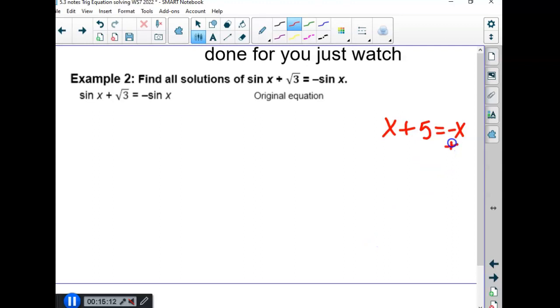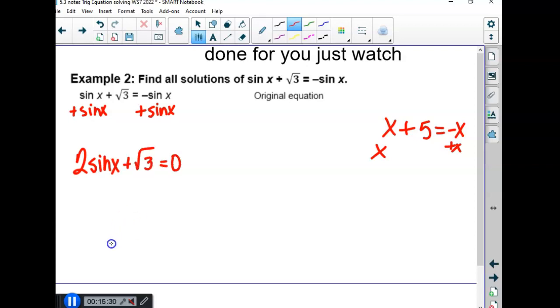You want to add this x over here? Doesn't really matter. So add a sine x over here. What's a sine x plus a sine x? 2 sine x. And now the right-hand side is 0.